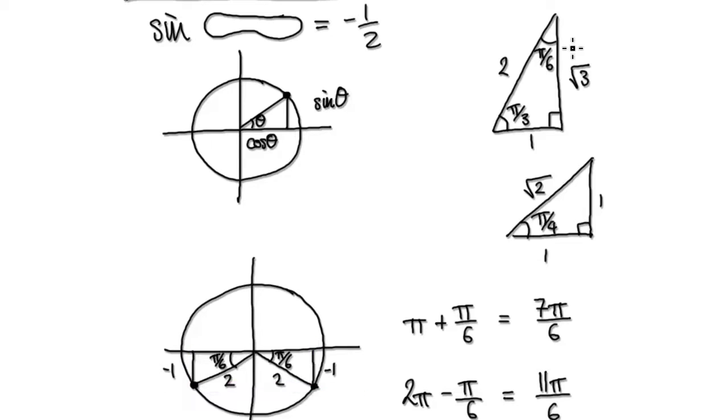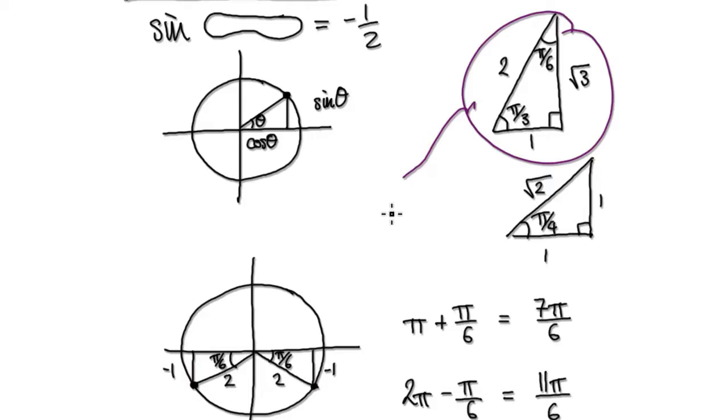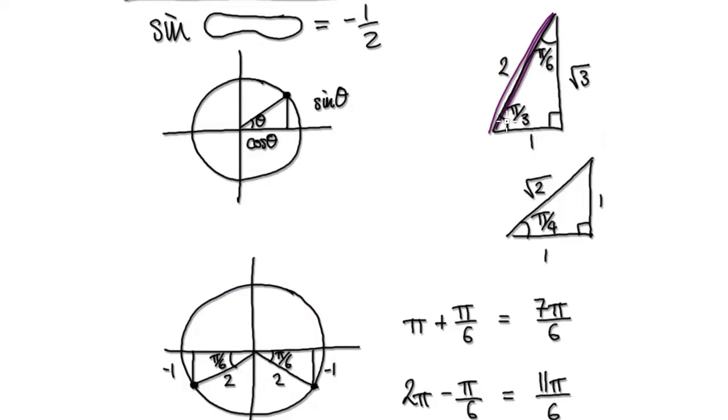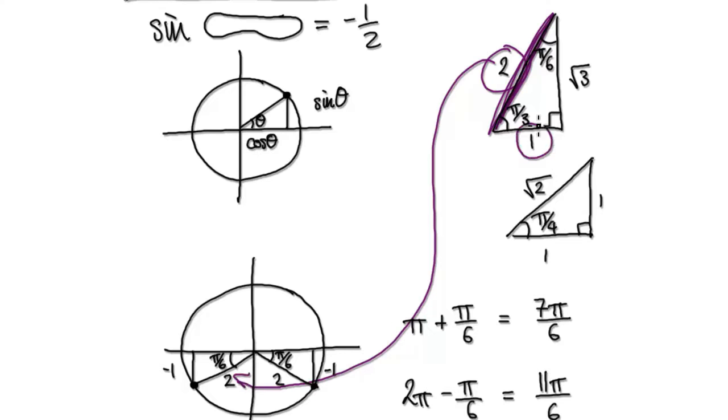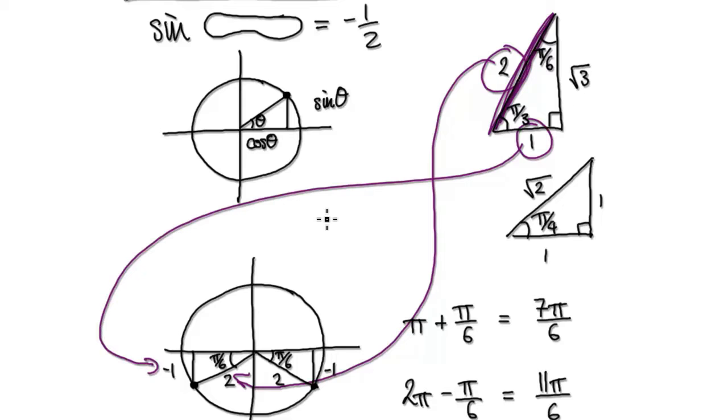So look at this diagram. Translate this diagram into this unit circle. If you look at this, the hypotenuse is 2 here. This is your hypotenuse here. This one here is negative 1, and then this angle here is 30 degrees, but we'll work in radians. So this angle here is pi over 6.